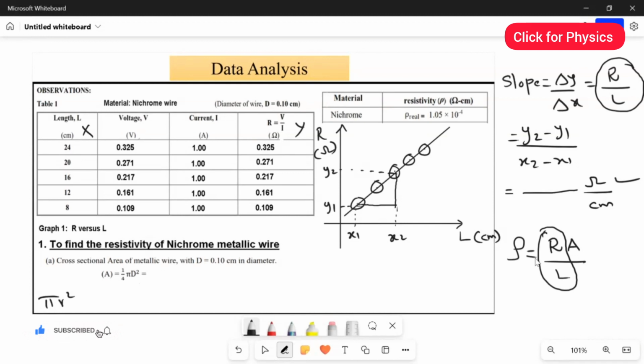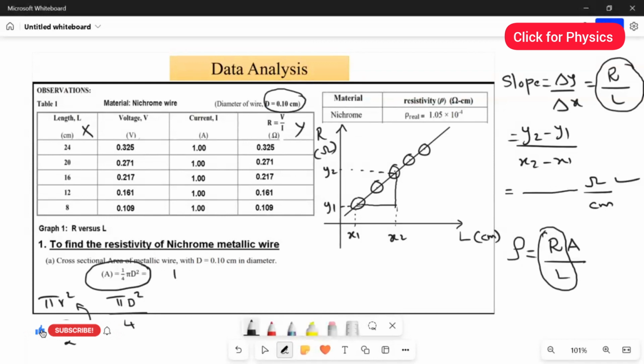As we already know, radius is equal to diameter divided by 2. So once you substitute the r value here, you will get pi d square over 4, and that formula is given here. So now, how to find the value of area? We have to use the value of the diameter here. By substituting the diameter value here, we will easily find the answer for the area.